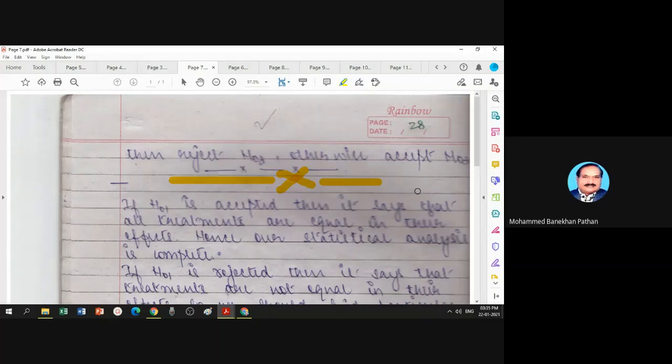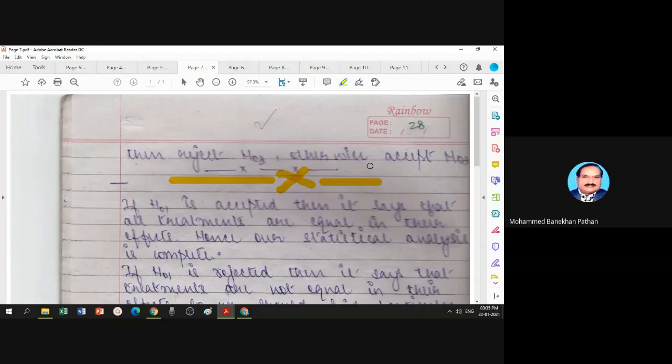You have to begin with the mathematical model, then you have to write the hypothesis under study, then you have to make a partition of the total sum of square, then you have to make a partition of the total degree of freedom, then you have to prepare the ANOVA table, then you have to make a decision under null hypothesis H naught 1 and under null hypothesis H naught 2. So totally 7 steps are there for making a brief analysis of any one design.